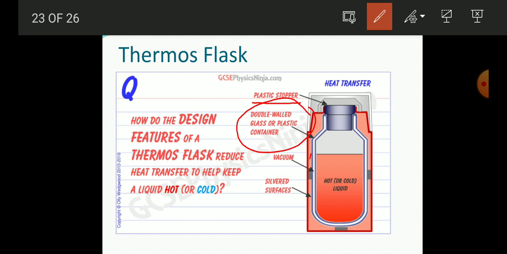And in between we have the vacuum. Vacuum is an insulator. That means it does not allow the heat to transfer, or the coldness from inside to the outside. So this produces a very good effect for the working of the thermos flask.